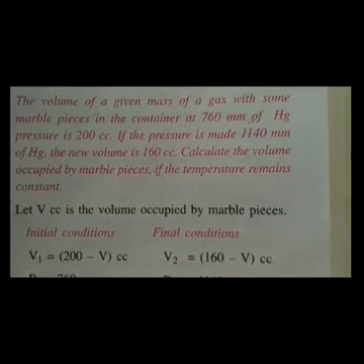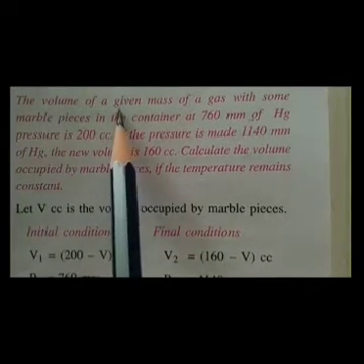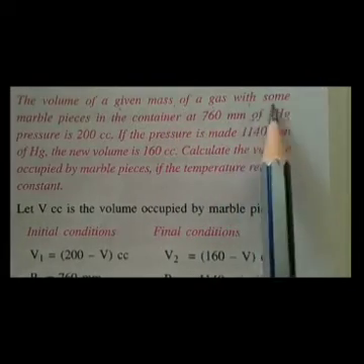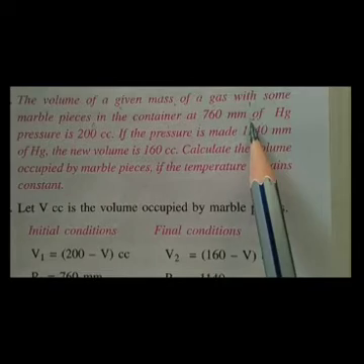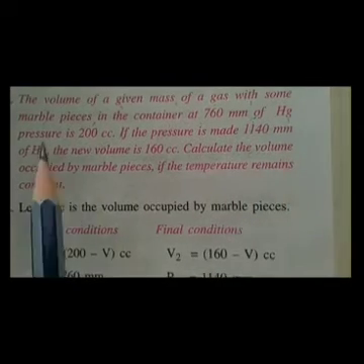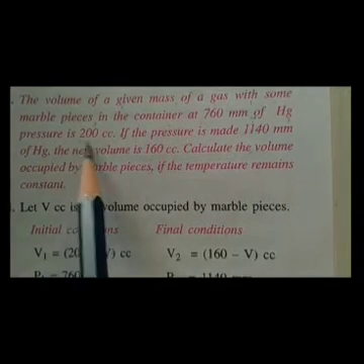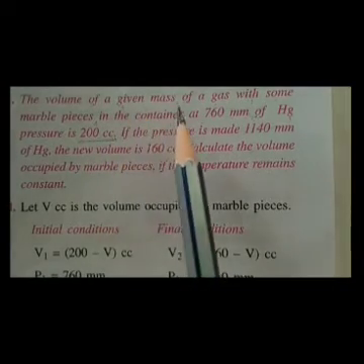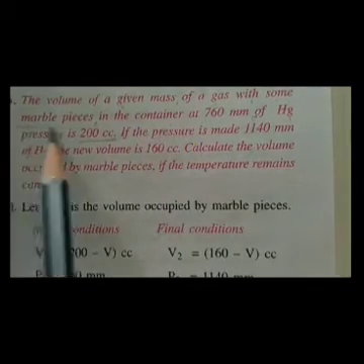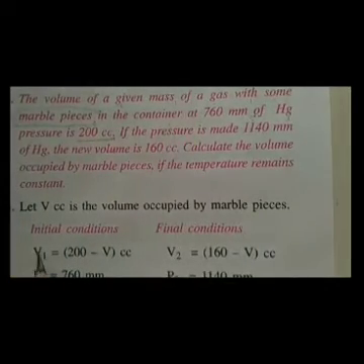Next statement is, the volume of a given mass of a gas with some marble pieces in the container at 760 millimeter of mercury pressure is 200 cubic centimeter. Now here it is given that we have marble pieces in the container also.